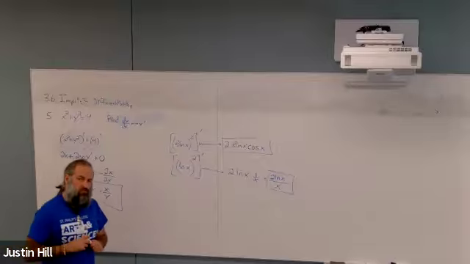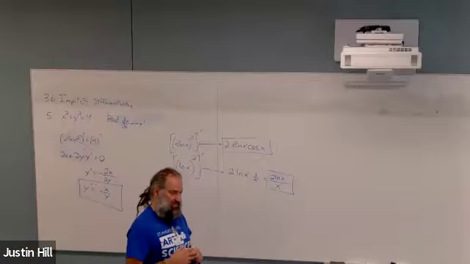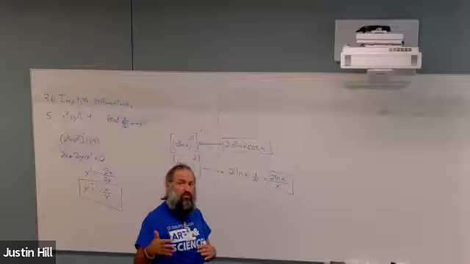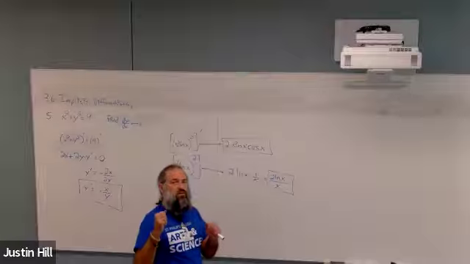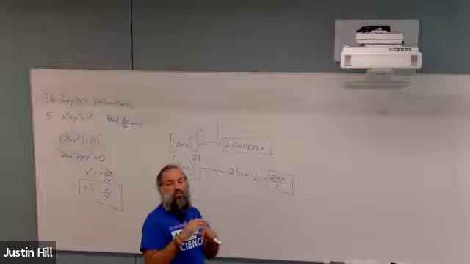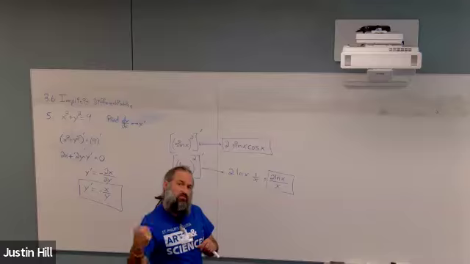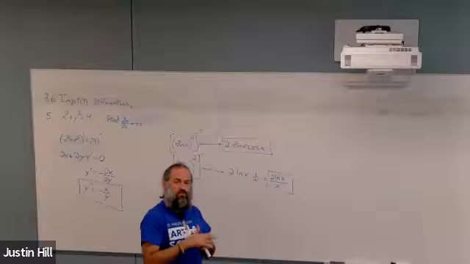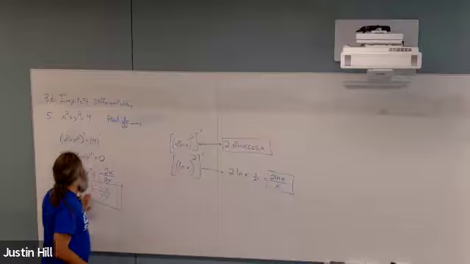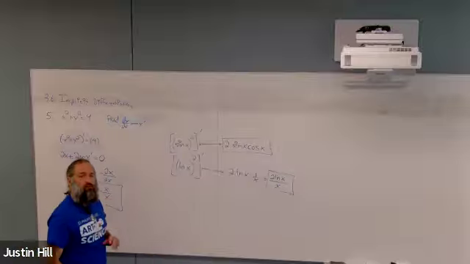It's kind of an interesting concept. It's like having a recursively defined sequence. If you remember recursive sequences, that means the third term in the sequence depends on the second term, or maybe the first term, but it depends on previous terms of the sequence. So in some sense, we're saying the first derivative here depends on the original function.